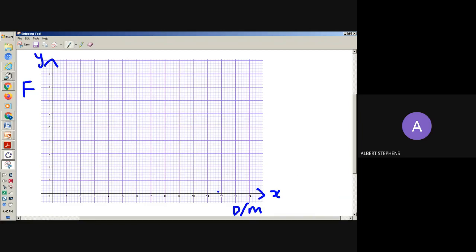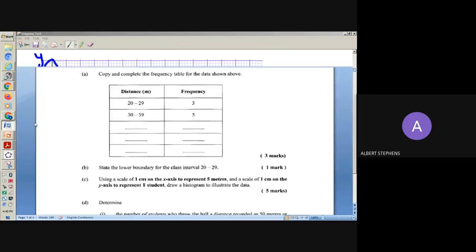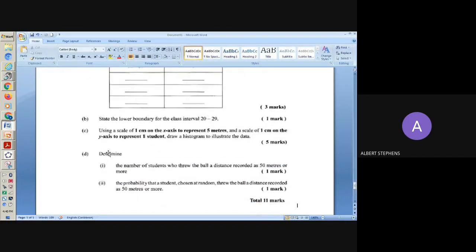Then let's go to the scale. That's very important. Let's look at the y-axis. It says, using a scale of 1 centimeter to represent 1 student.